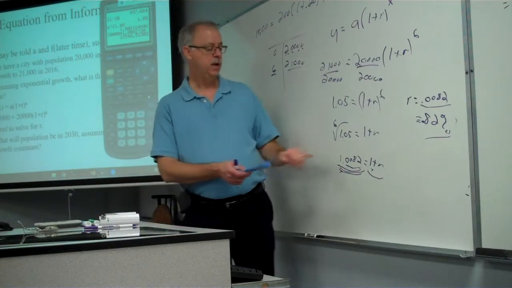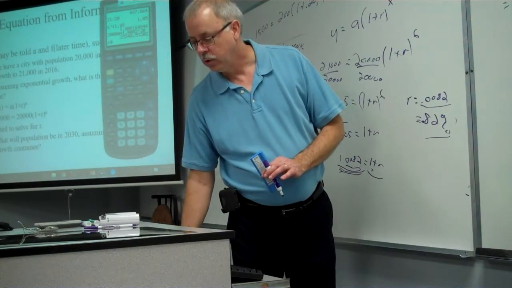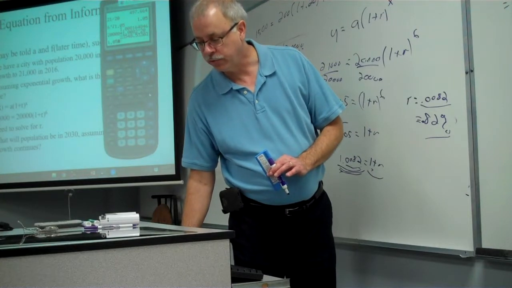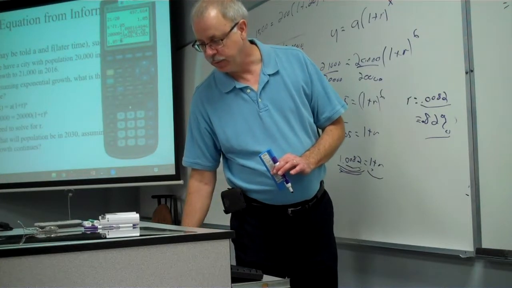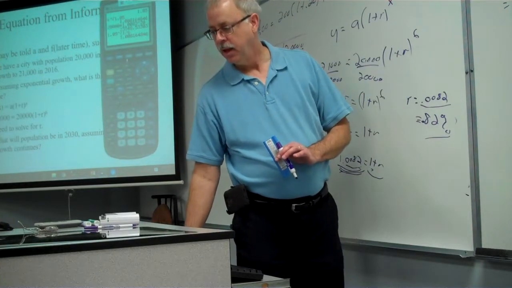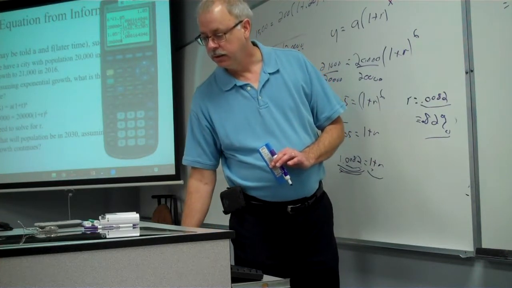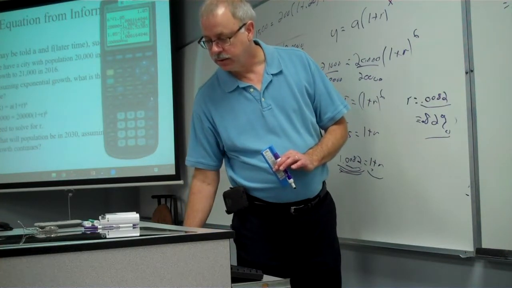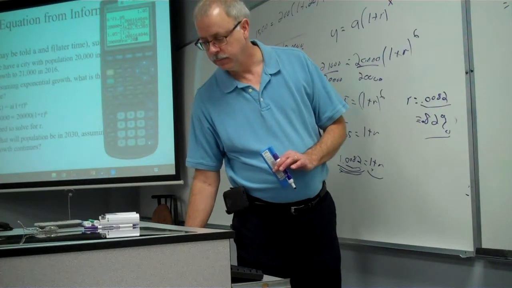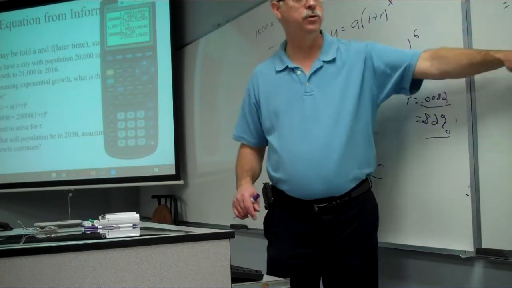And we may even go back to what we did here. So another way to get the 6th root would be to take 1.05 to the 1/6 power. And if we use that whole expression, 20,000 times that to the 20th power, we get 23,532.